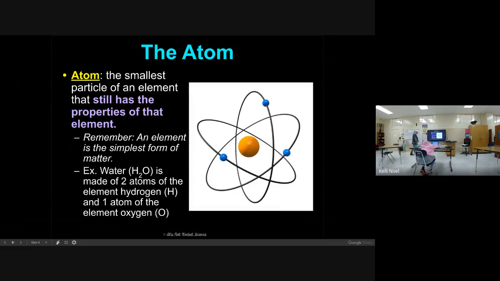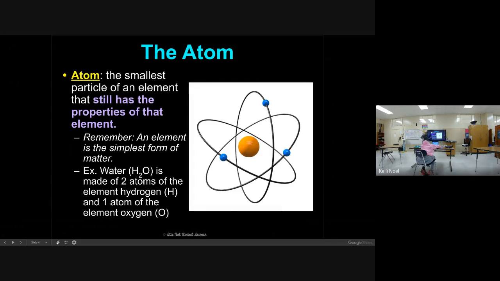So an atom is actually the smallest particle of an element. We also call it the building block of matter, and it's going to have all the properties of whatever element it represents. An element is the simplest form of matter, made up of multiple atoms that are alike. Water, looking at it simply, is a compound.